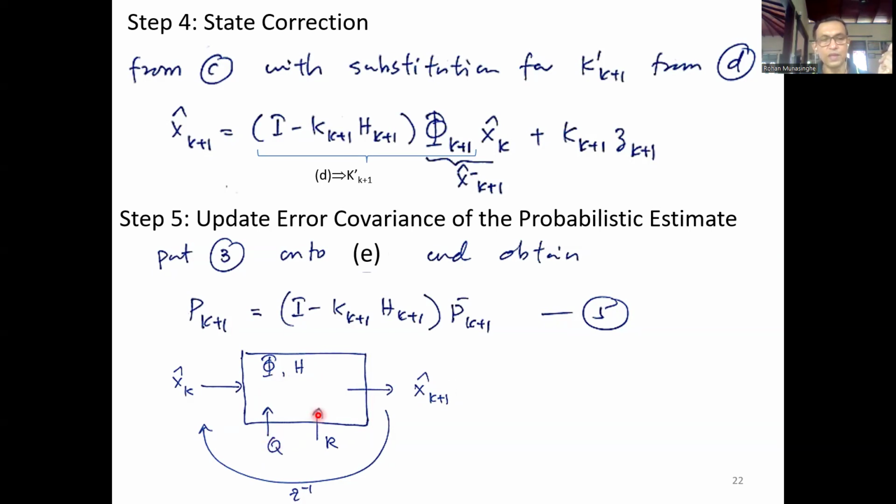That's all. And this is a recurrent algorithm, so once you calculate your estimate, you feed it back so that you can calculate the next state. It goes on and on and on.